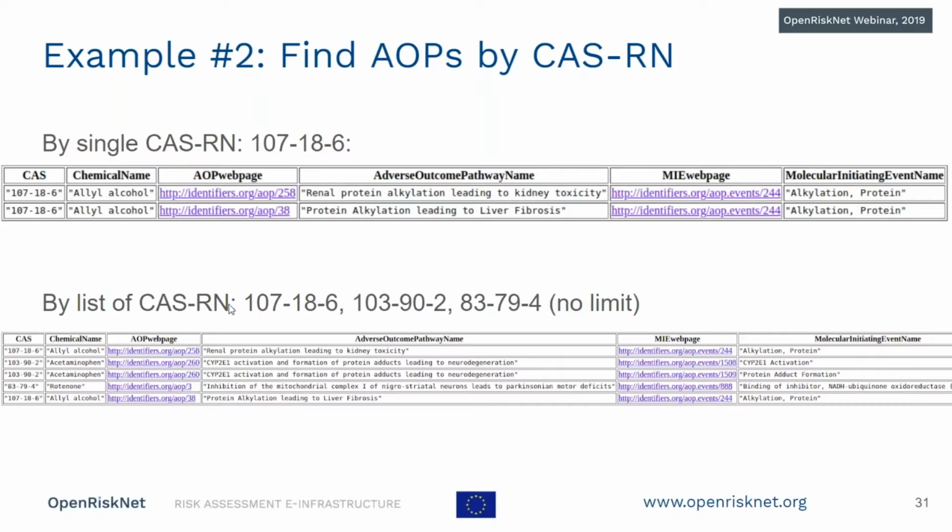The same goes for the second example on this slide, in which we do not just search for one single identifier, but extend our query to have basically an unlimited amount of chemicals that we would like to find the AOPs for. This is a very powerful tool, because you can extract information from a lot of different pieces of information all at once, and ask many questions all at once.